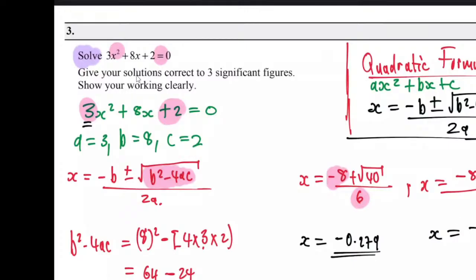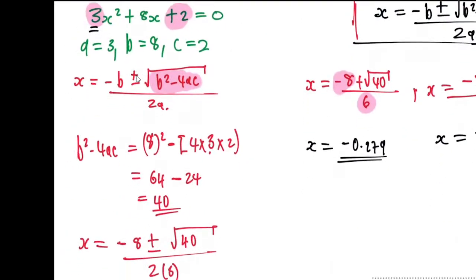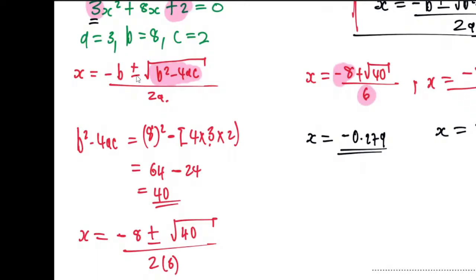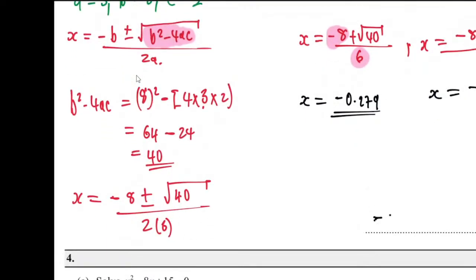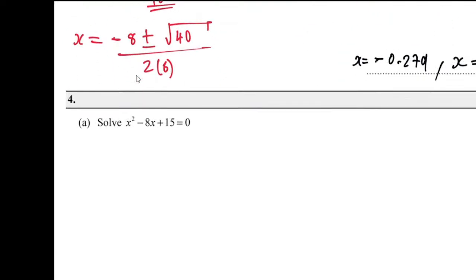Negative 2.387, which is 2.39, because they want three significant figures. Anyone with a question? Are we together? Are we together, students?